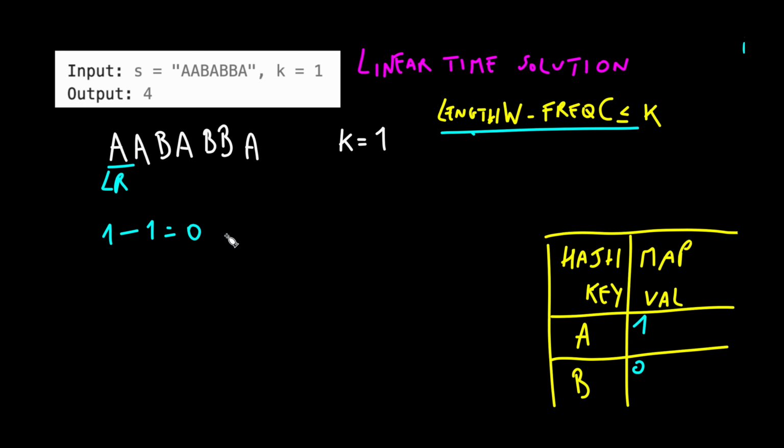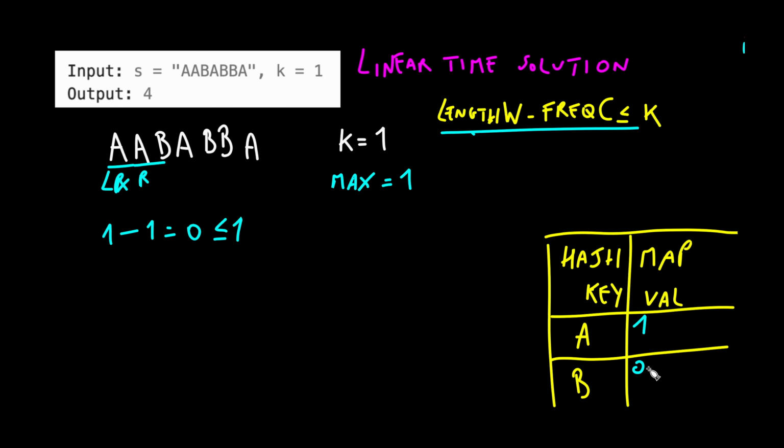The result is 0, which is less than or equal to 1. So this is a valid window, and we can update our max so far, which is going to be 1. We now move R.